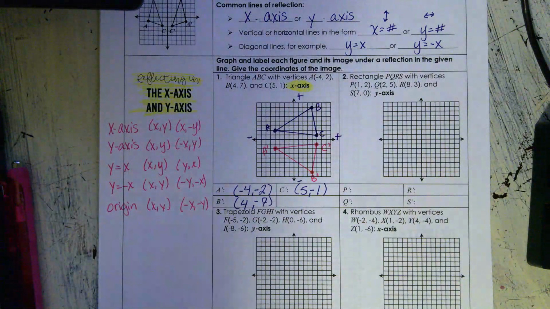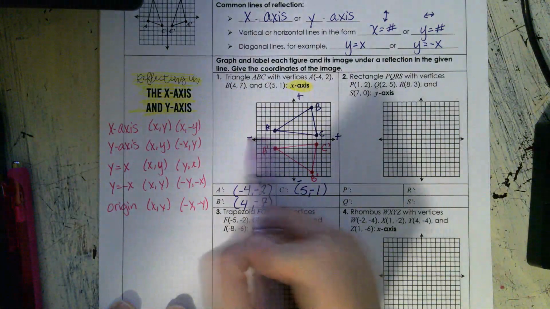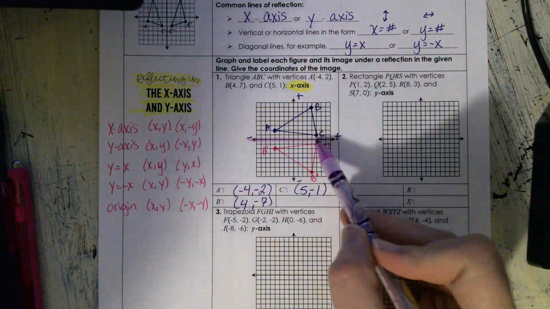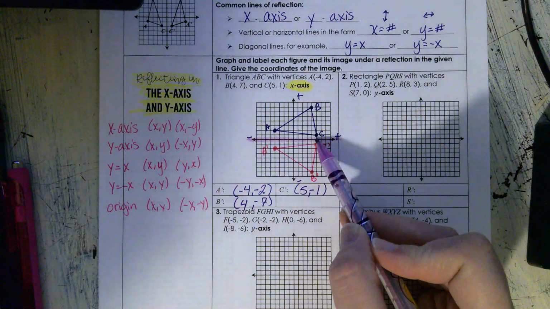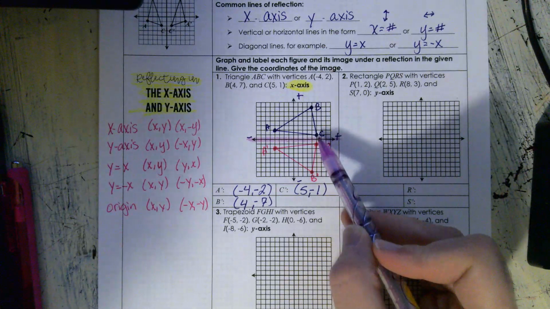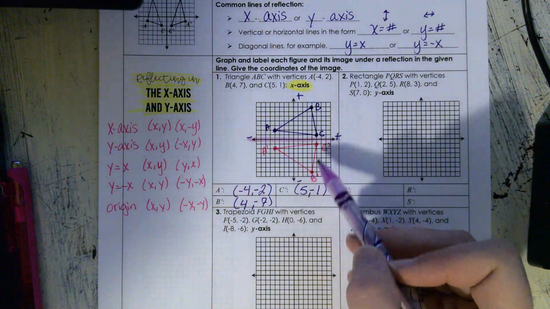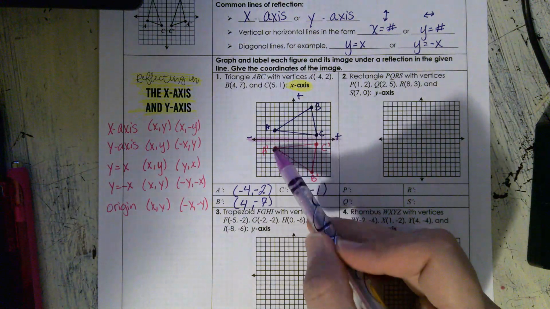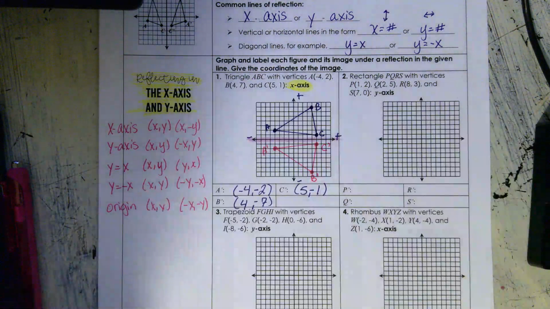Go ahead and highlight, let me get a different color, my line of reflection here. So you can see that each point is the same distance from that line of reflection. I climbed up one for the pre-image, now I've climbed down one for the image. They should line up here, and it's always good to take a second to look, make sure everything looks straight, it's all the same size.